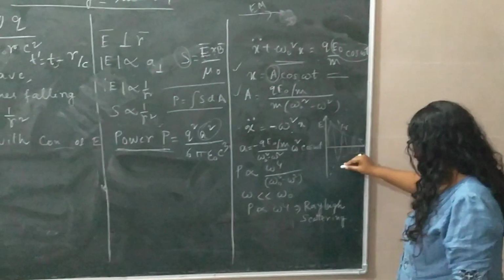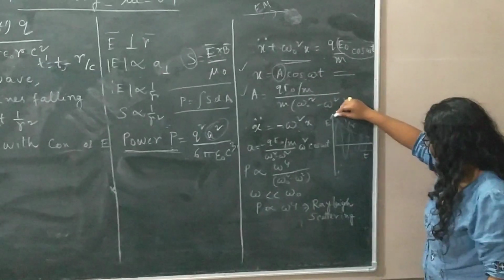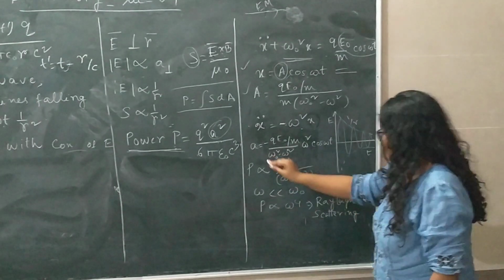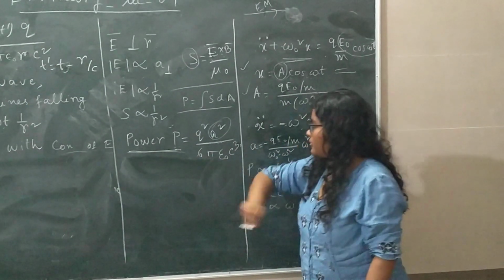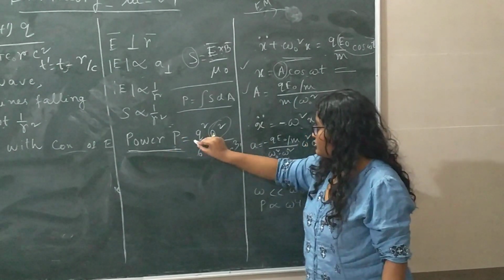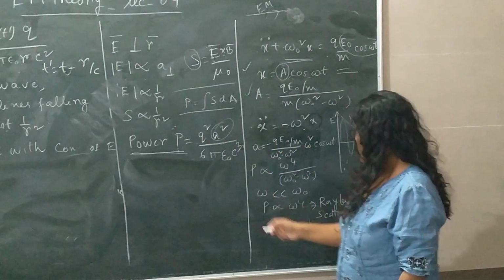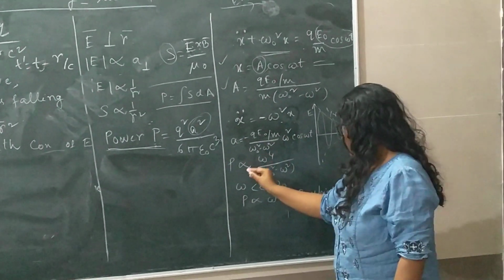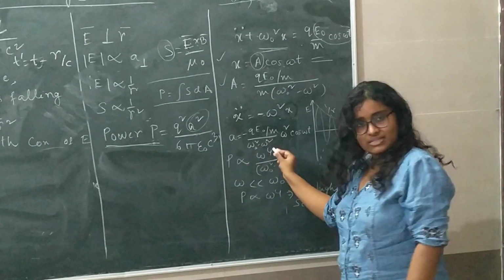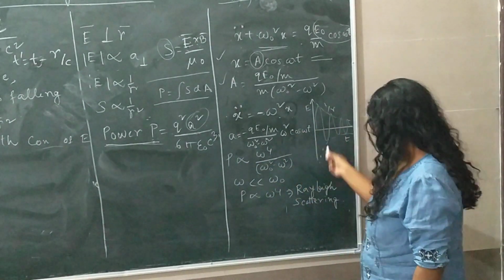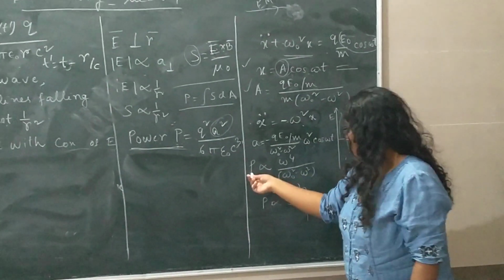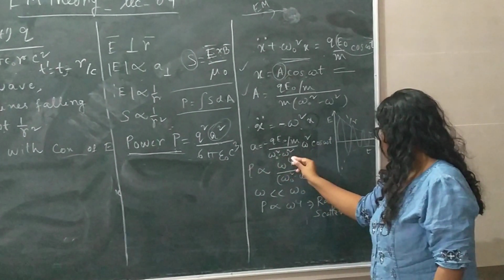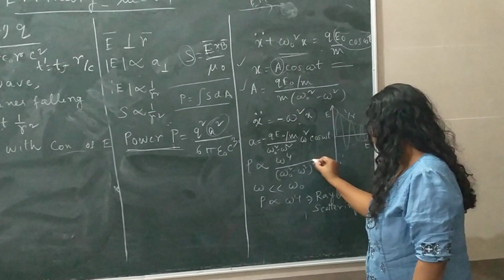So the motion will be like this. The electric field is falling off as 1 by r. From the Larmor formula, power is proportional to acceleration square. So if we take the acceleration square, in the case of oscillatory dipoles, power is proportional to omega to the power 4 divided by omega naught square minus omega square, whole square.